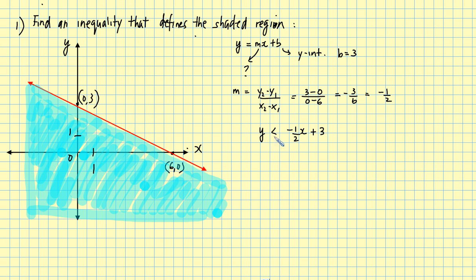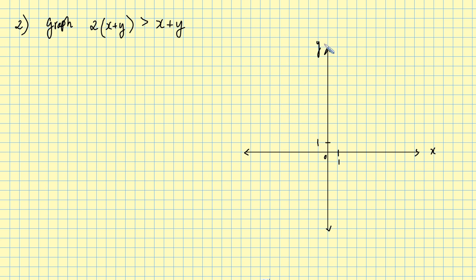Because it is a solid line, I am including the values on that line. If the line had been dotted, then I would have just said y is less than negative 1/2 x plus 3. But since it is a solid line, it's going to be y is less than or equal to negative 1/2 x plus 3.